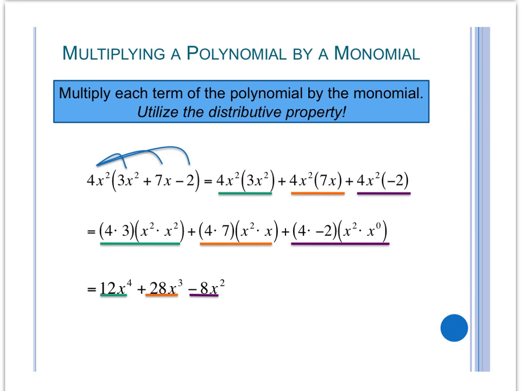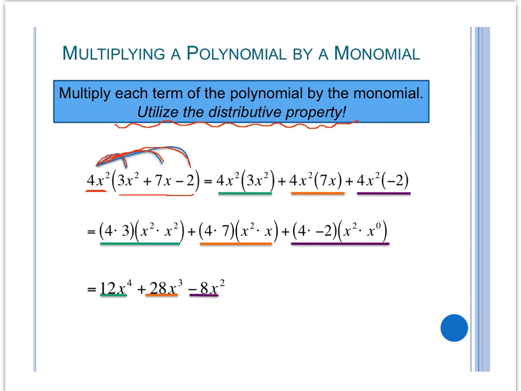Now let's take a look at how to multiply a polynomial by a monomial. In order to do this, you need to multiply each term of the polynomial by the monomial. And as you can see, we need to utilize the distributive property. So here we distributed the monomial of 4x squared to each term in the polynomial.